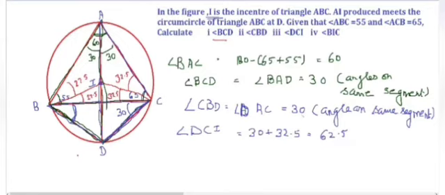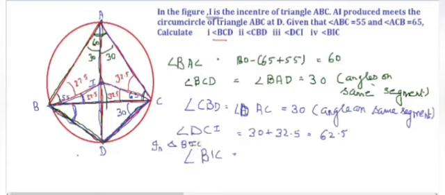Now the fourth angle, we need to find our angle BIC. We can see that this is our angle BIC. So in triangle BIC, we know two angles.